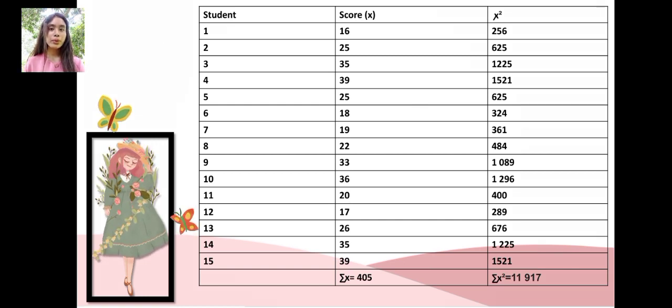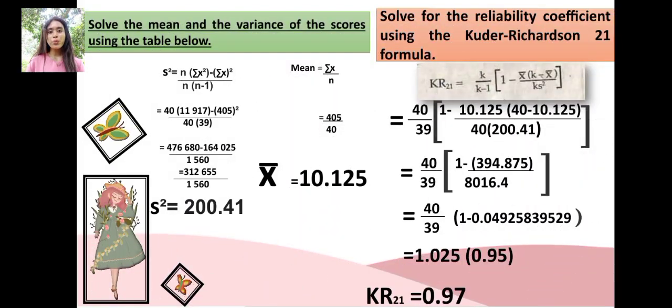Let's move forward. We are now able to solve the mean and the variance of the scores using the table I emphasized earlier, which consists of three columns: the students, the scores or summation of x, and the summation of the squared scores.